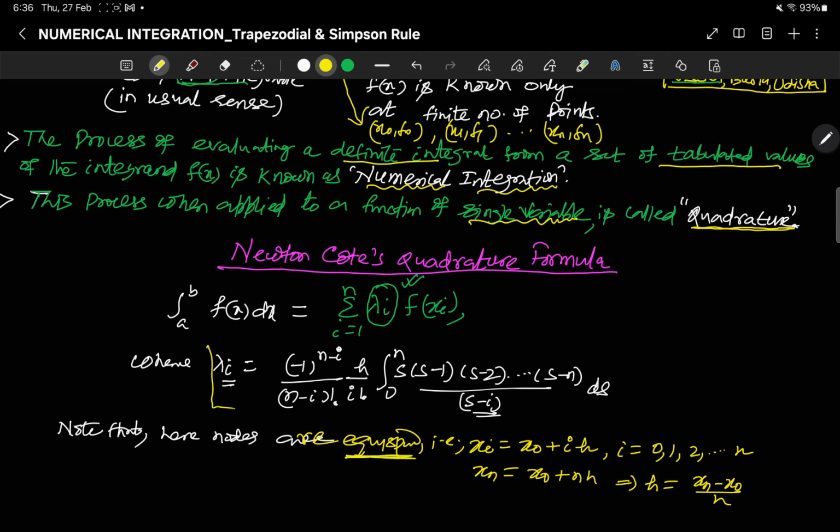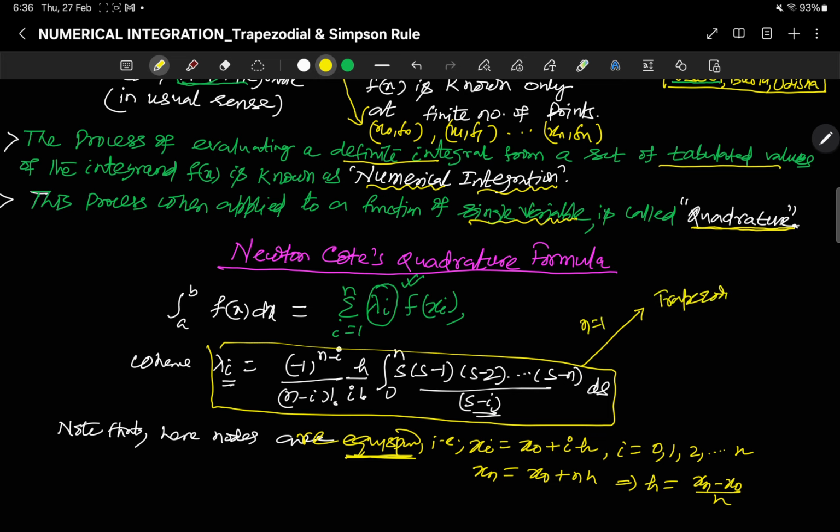Now this is the important formula. If we put n equal to 1, it leads to the trapezoidal rule, which means we have two nodes x0 and x1. If n is equal to 2, it leads to Simpson's 1/3 rule, which means we have three nodes x0, x1 and x2.